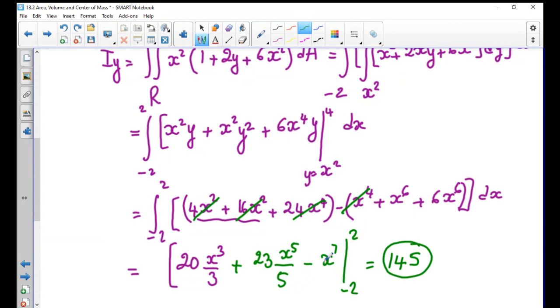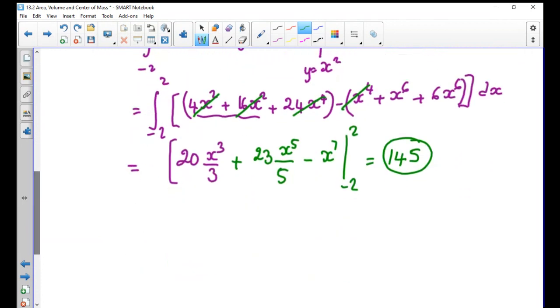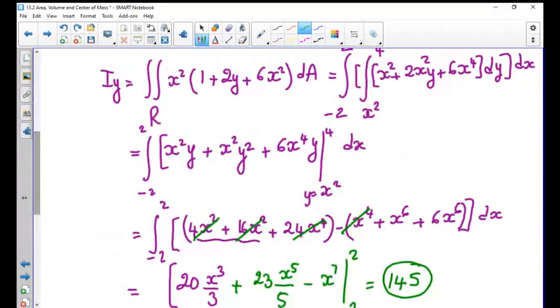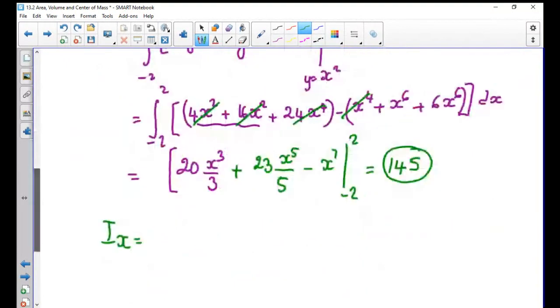So I have 145, and I will give you the answer for IX. You can calculate it yourself. When you do it, you will get 983. You can check it yourself.